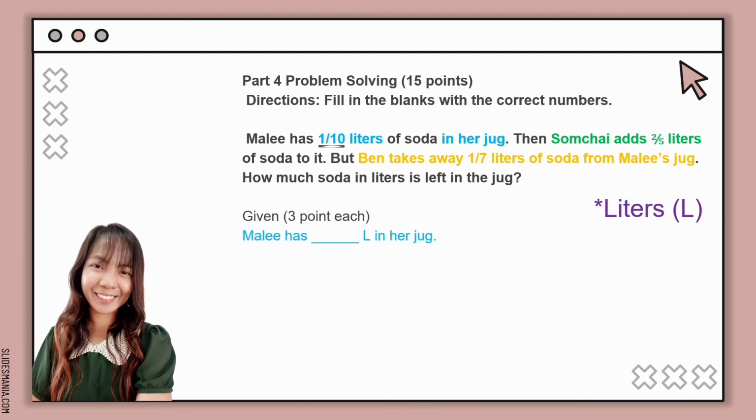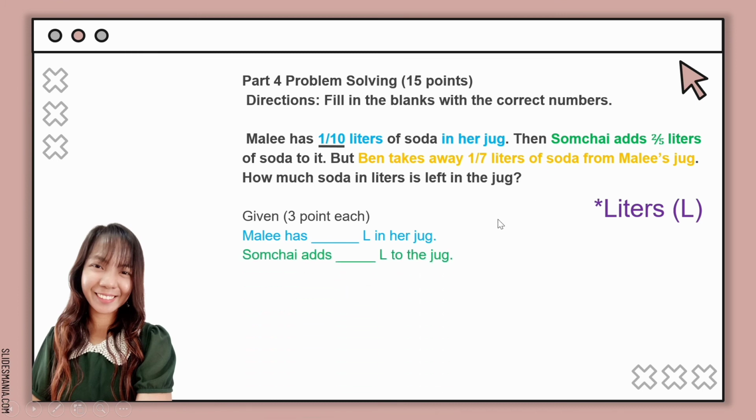I'm giving you a clue by adding colors to it. So, fill in the blank first. The given is in color blue. What are you going to write here? It's 1 over 10. Please write 1 over 10 here.